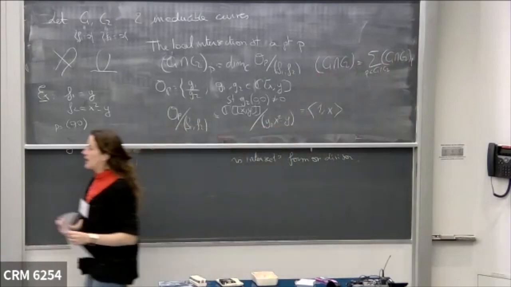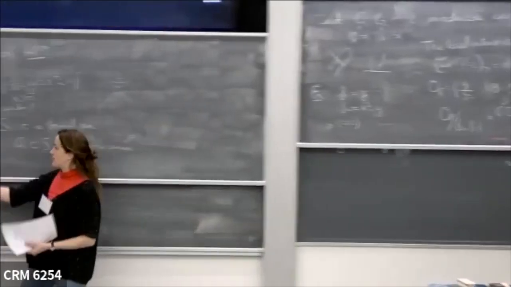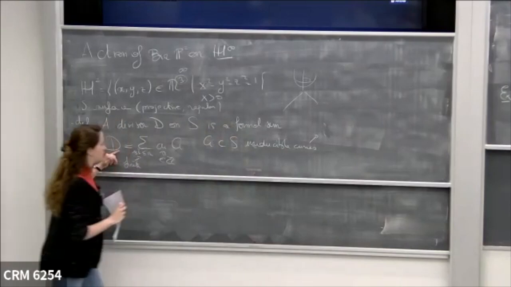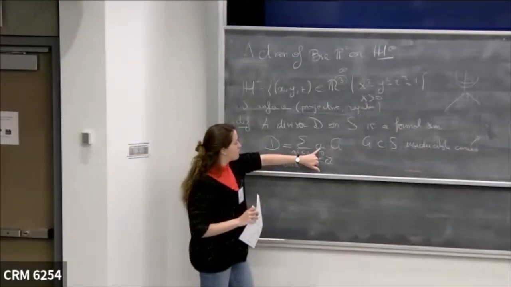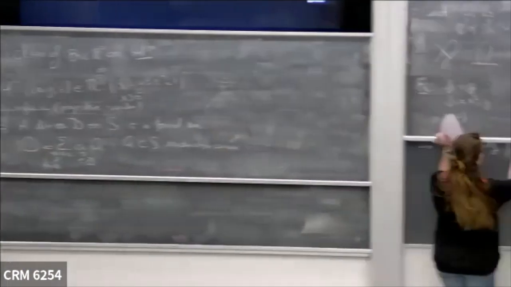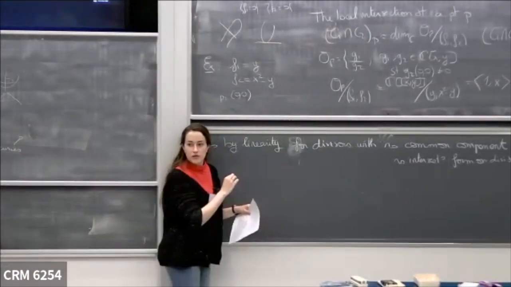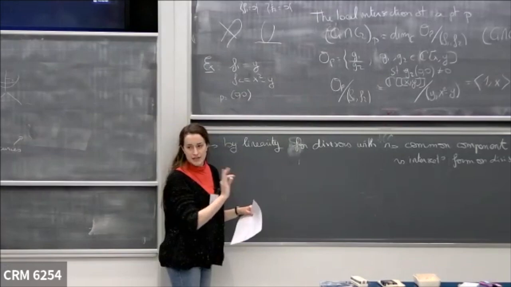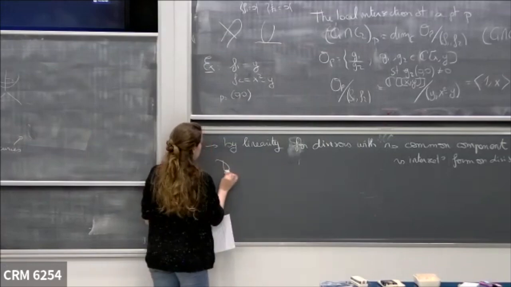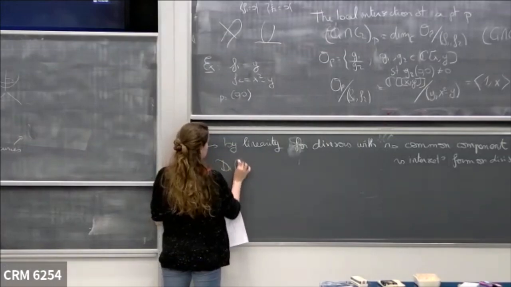I went fast. And now I want to do intersection with divisors. So now I have two divisors, D1 intersected with D2.